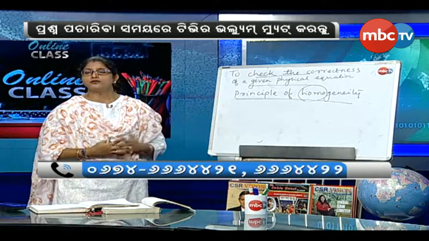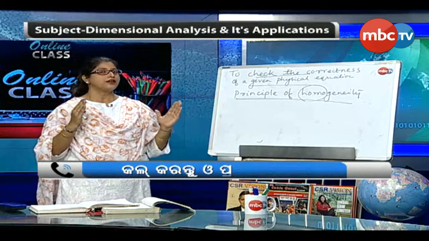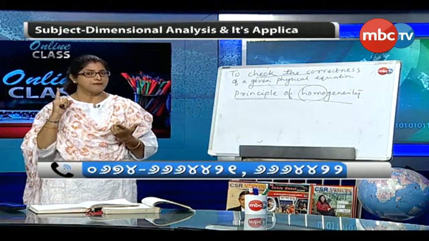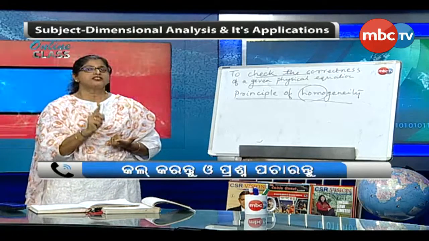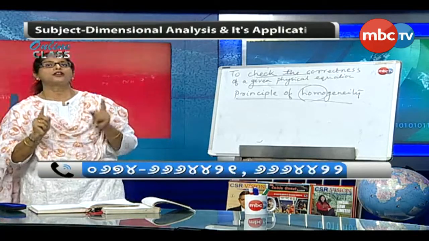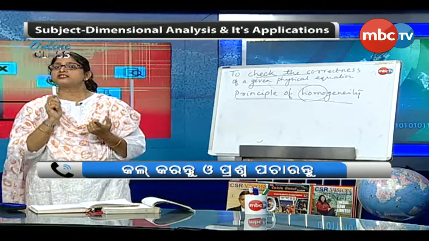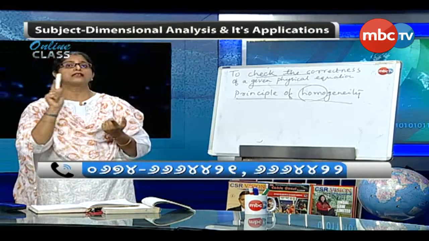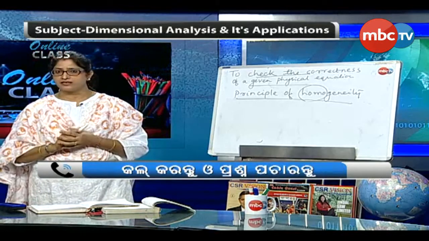So according to this principle, the given physical relation or physical equation is dimensionally correct if each term of both the sides of the given equation have same dimensions.